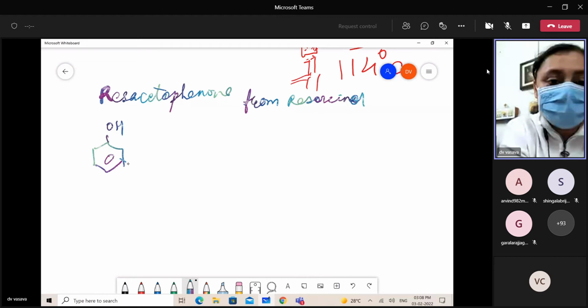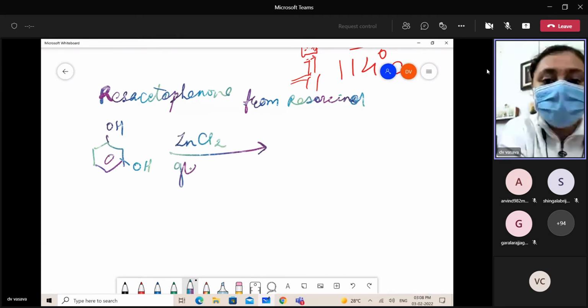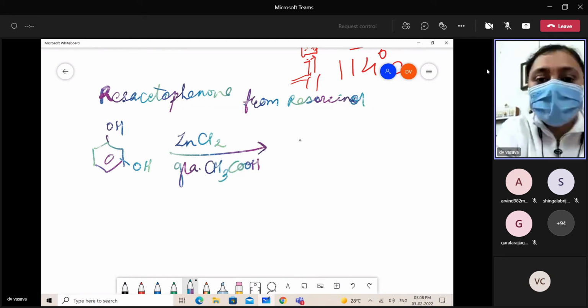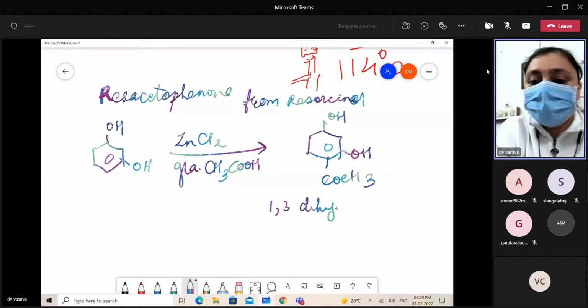This is resorcinol, and the acetylating agent which we will be using is ZnCl2 and glacial acetic acid. Ultimately the product which we get is COCH3. So this is resacetophenone, or as per the IUPAC nomenclature, it is 1,3-dihydroxyacetophenone.